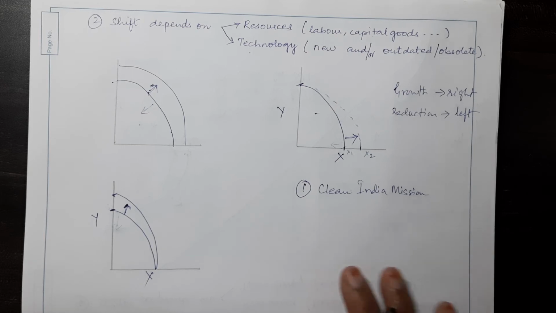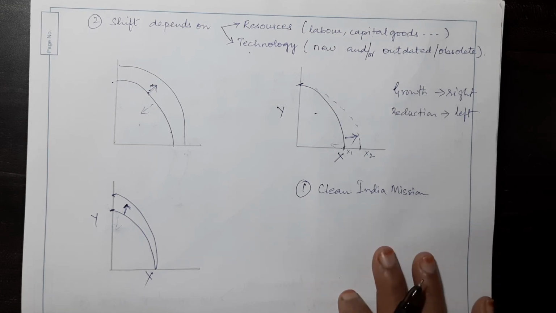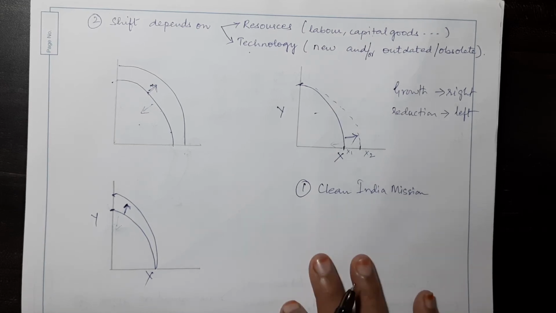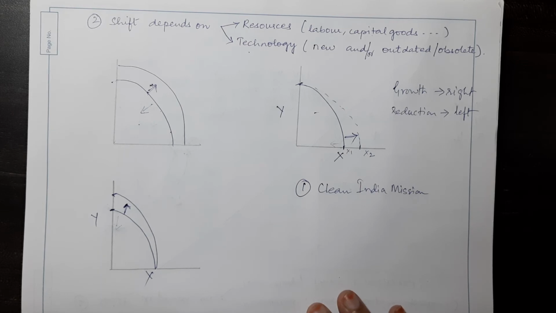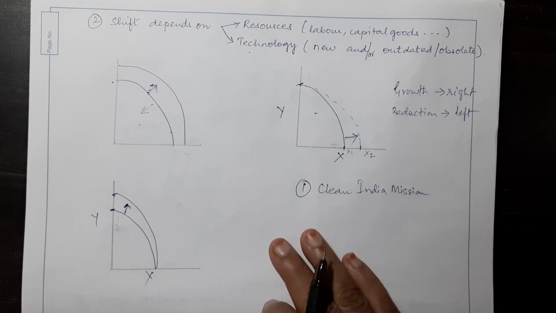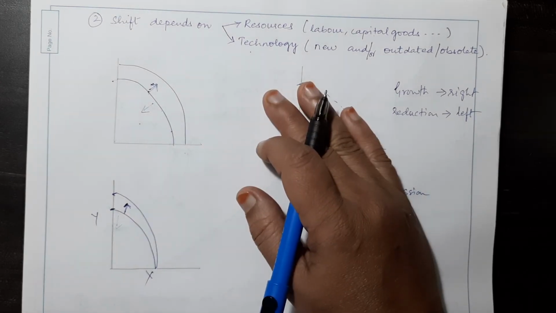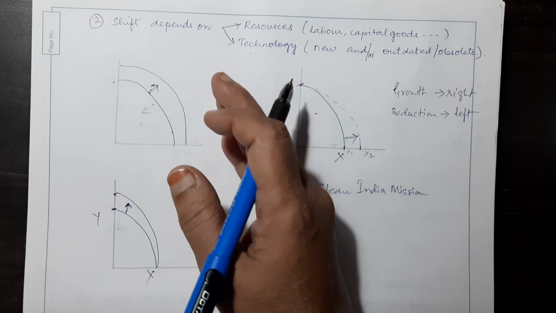Cleanliness ensures that people are living in better health. So what happens here? They will refrain from being absent from work. This will raise efficiency and the country's production potential. So the PPC will move to the right because now we are able to produce more.